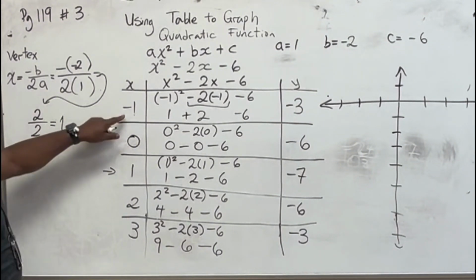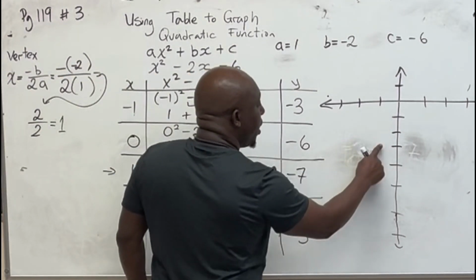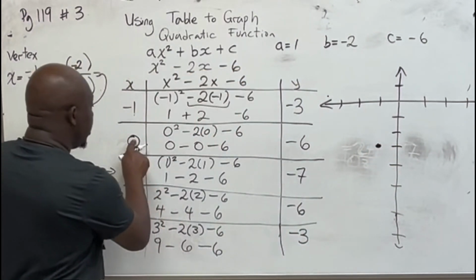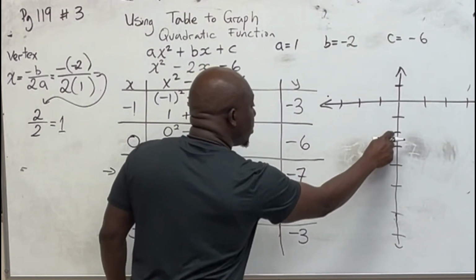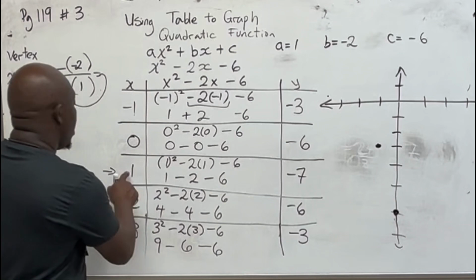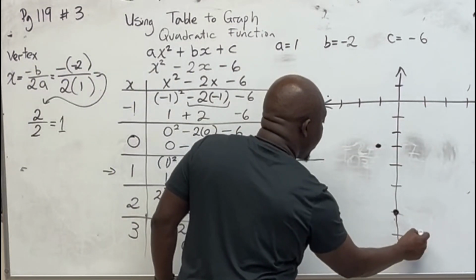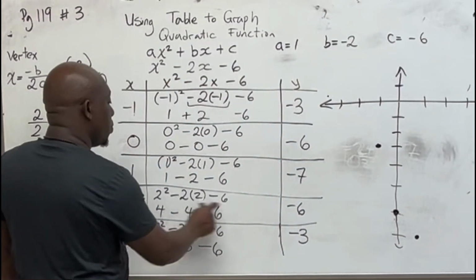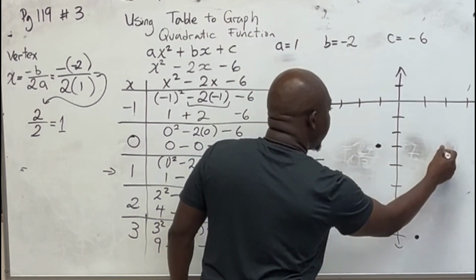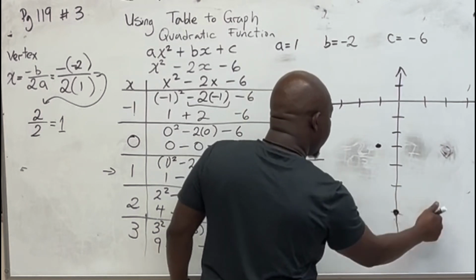Now let's graph it. The first one, negative 1, negative 3. Negative 1, negative 3 is down there. 0, negative 6. 1, negative 7. 2, negative 6.